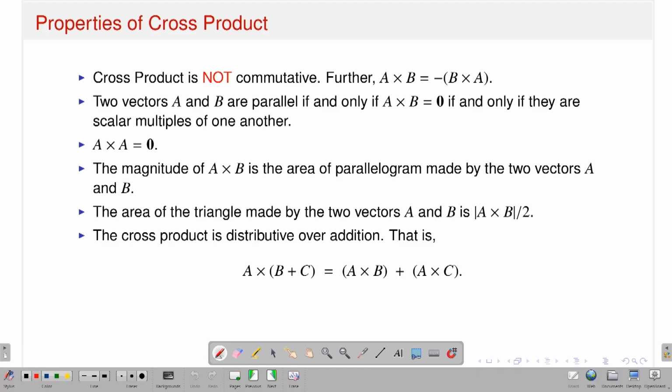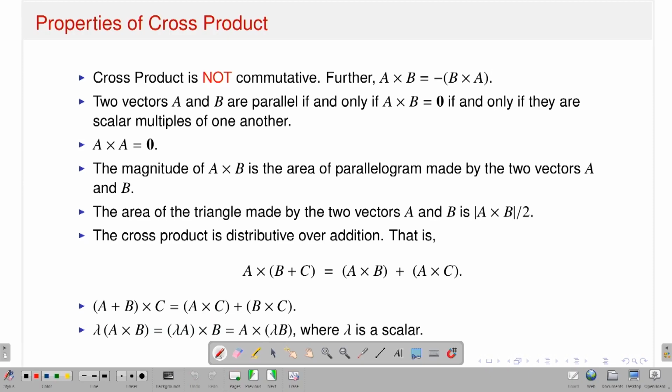The cross product is distributive over addition, that is, the cross product of A with B plus C is equal to the cross product of A and B plus the cross product of A and C. Similarly, the cross product of the vector A plus B with C is equal to the cross product of A and C plus the cross product of B and C.